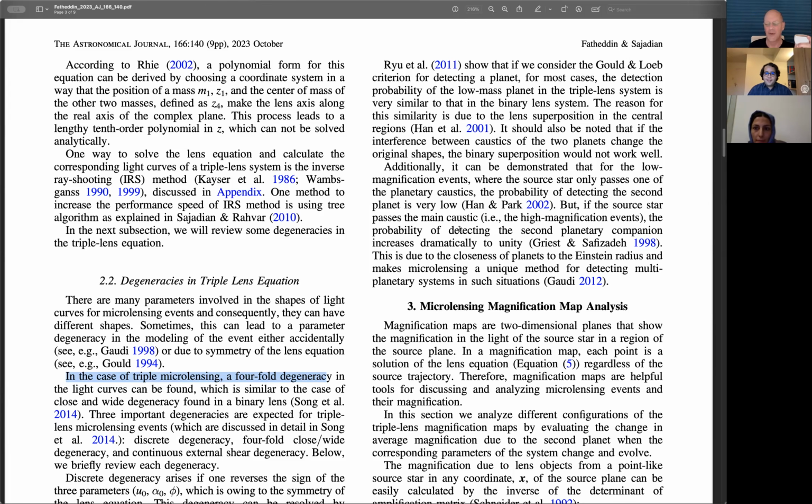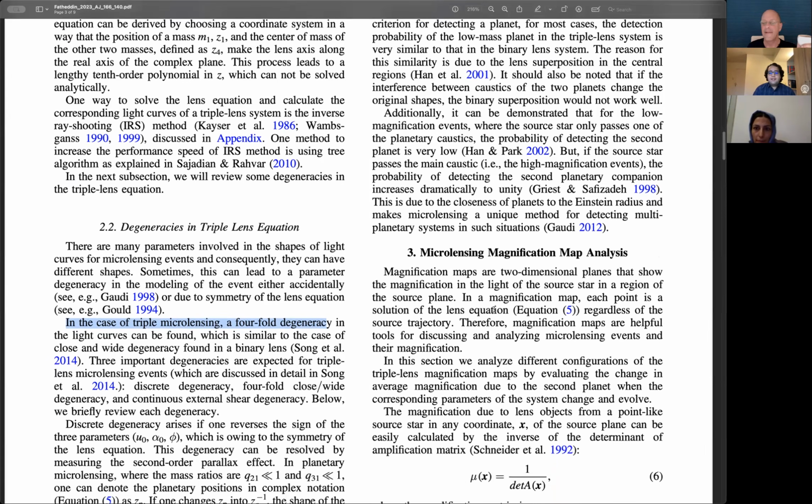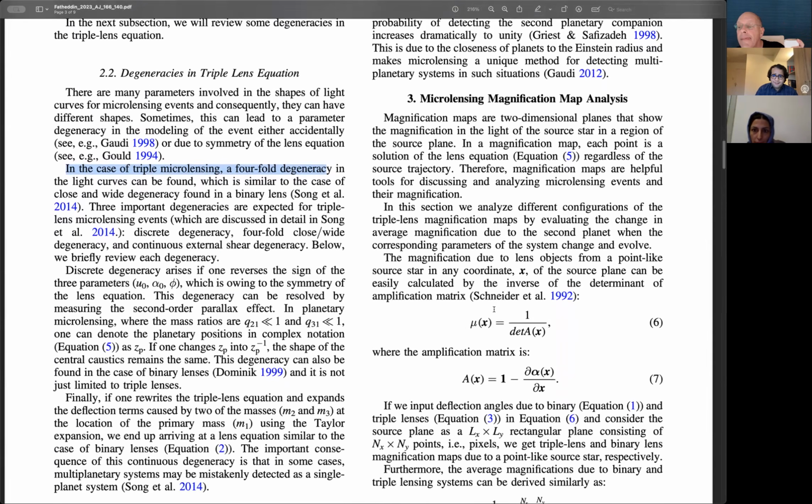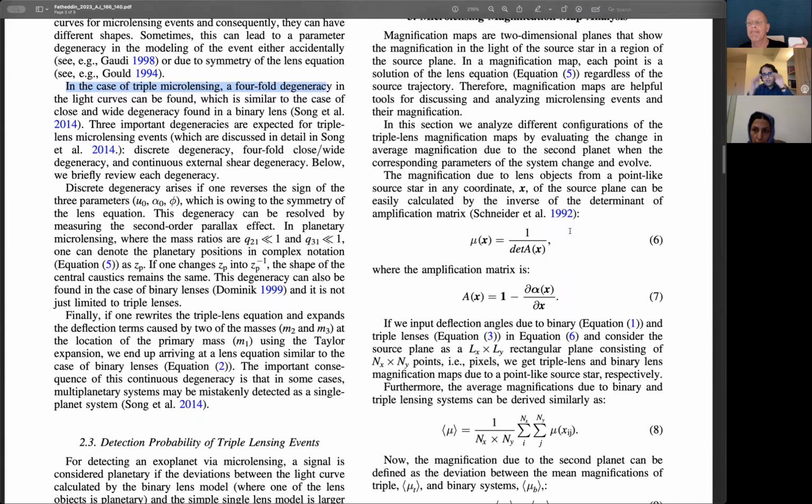In section 3, we discuss microlensing magnification maps, which are two-dimensional planes showing different magnifications. Each point is a solution of the lens equation, which we had in equation 5. It gives us a visualization of how the magnification would work in the microlensing scenario.